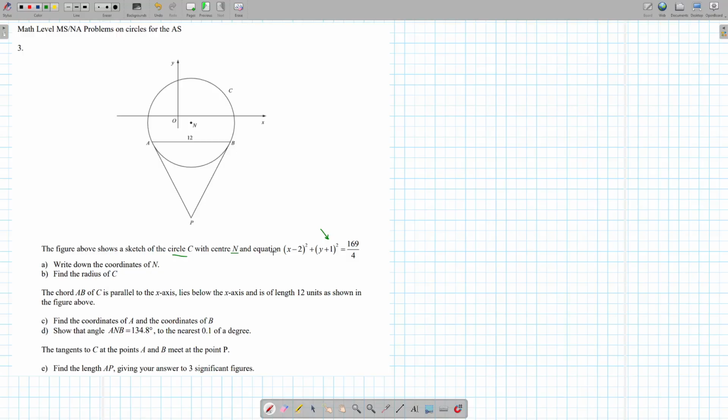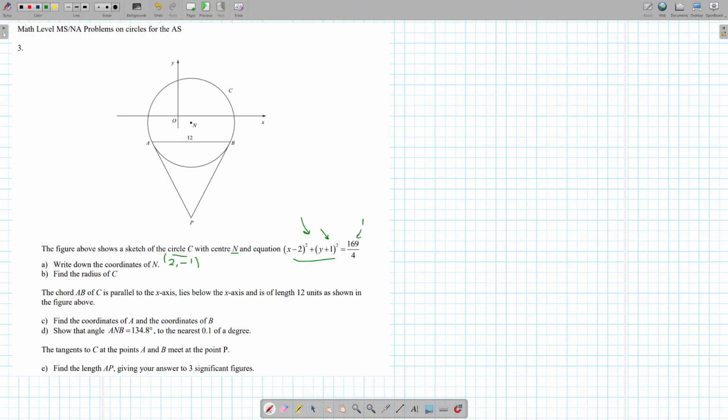So, what's the center? They gave you the equation. How do you find the center from the equation? Very easy. (2, -1). Okay, find the radius. Again, they gave you the equation. Remember, this is the same as (x - h)² + (y - k)² = r².